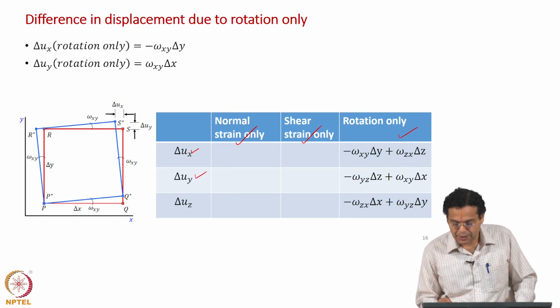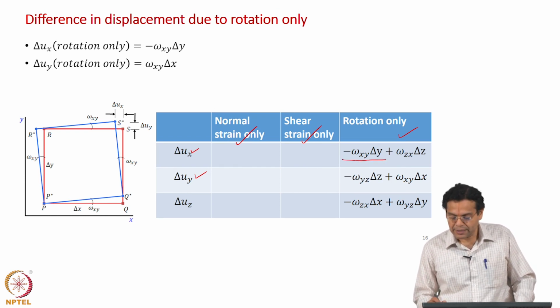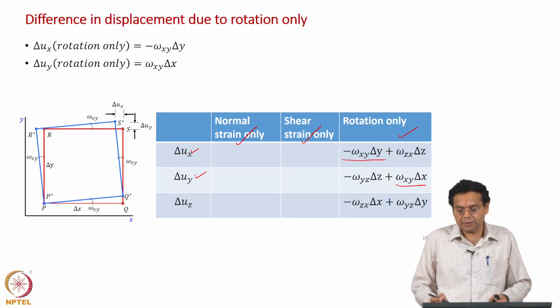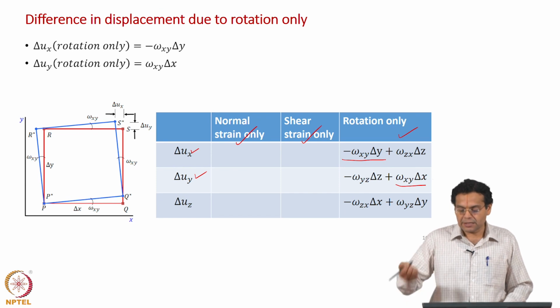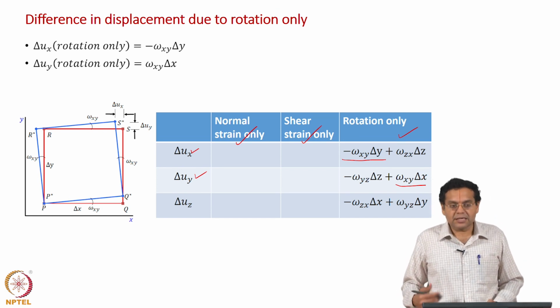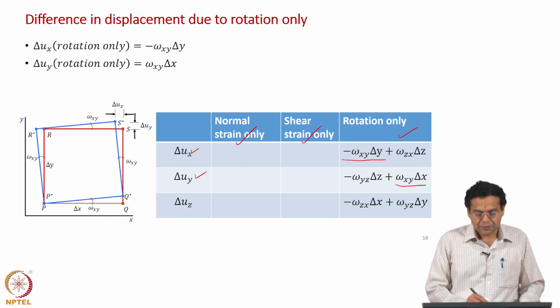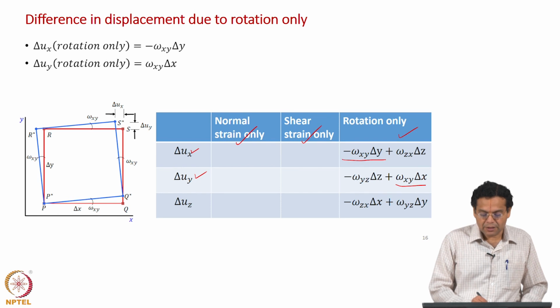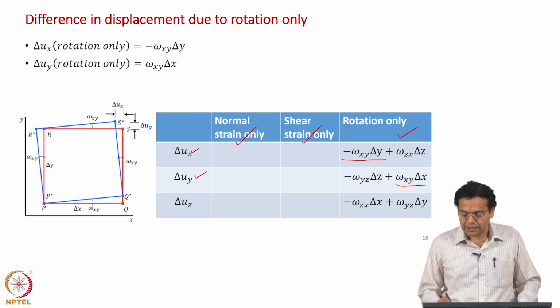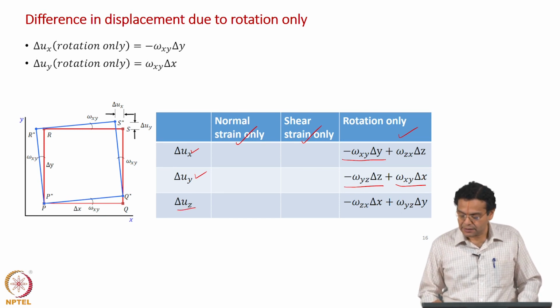So, delta u x entry is this, minus omega xy delta y, and delta u y entry is omega xy delta x. Of course, you have to be careful about sign. One is minus omega xy delta y, other is plus omega xy delta x, and when you write analogously for the other directions, we have to take care of the sign as well. So, now consider rotation in the yz plane, it will contribute to the y direction, and that is this term. It will contribute to the z displacement, that is this term.